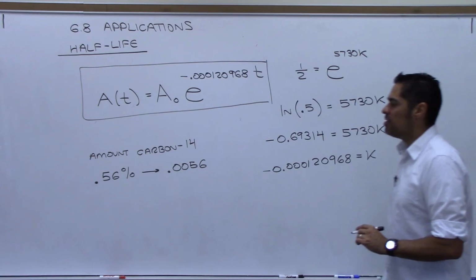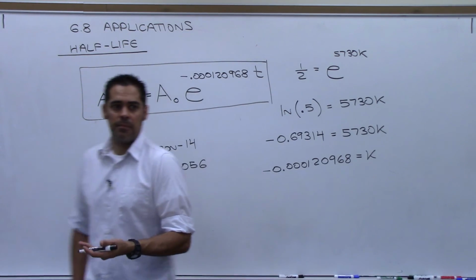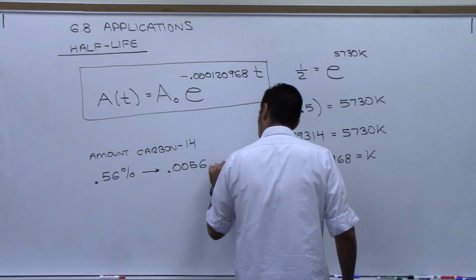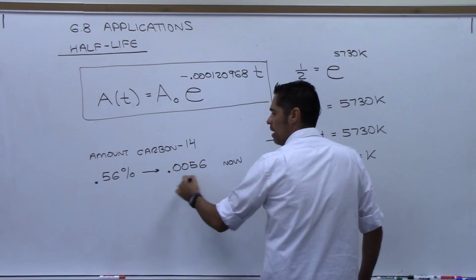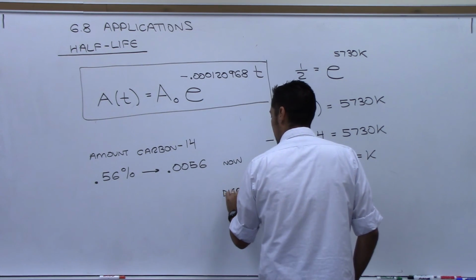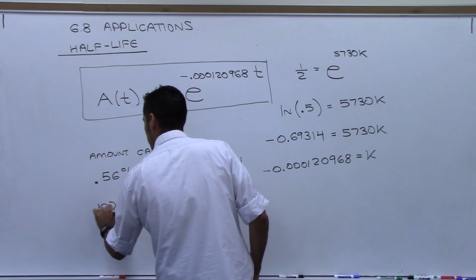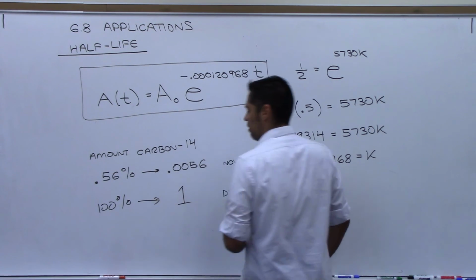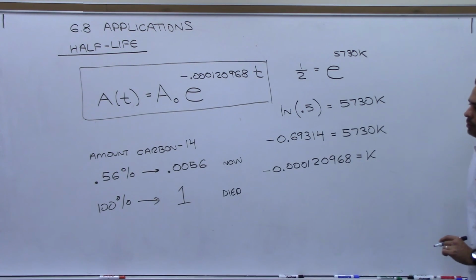How much of it was there initially to start? 100%. So this is now, okay, when I found it, right? When it started, when it died, right? How much did it have when it died? 100%, right? Which as a decimal is 1, right? Do you understand what I'm doing?